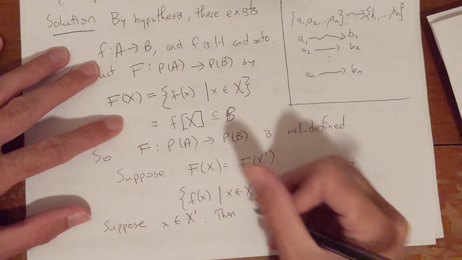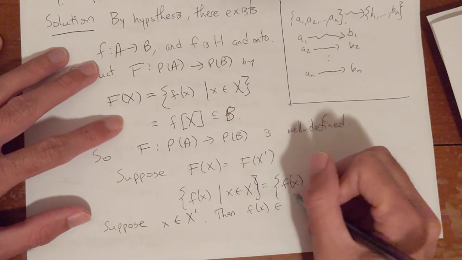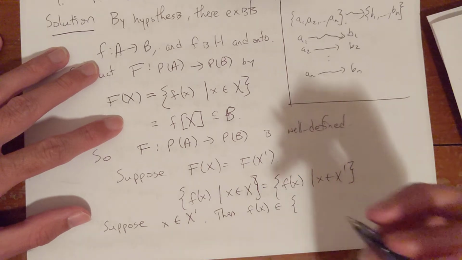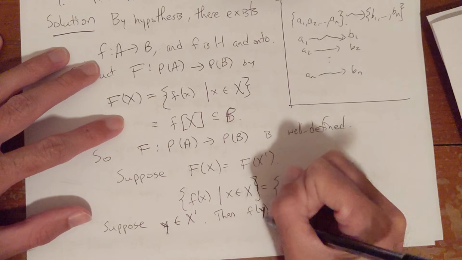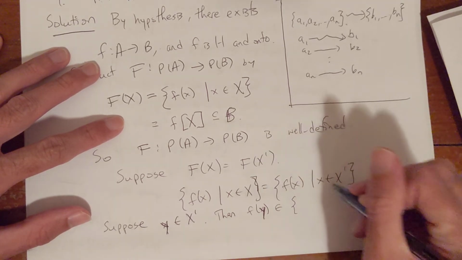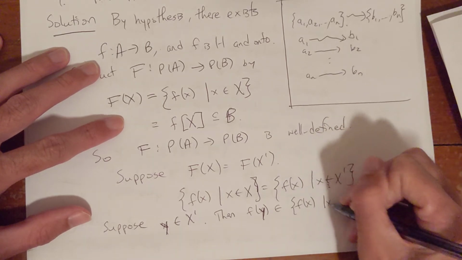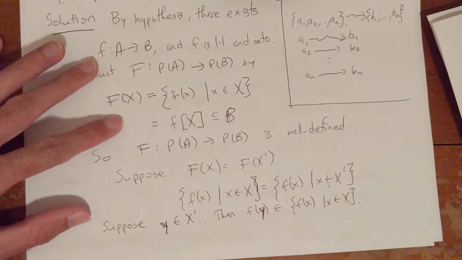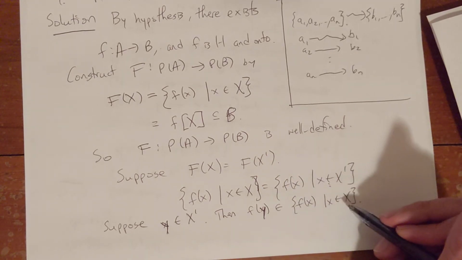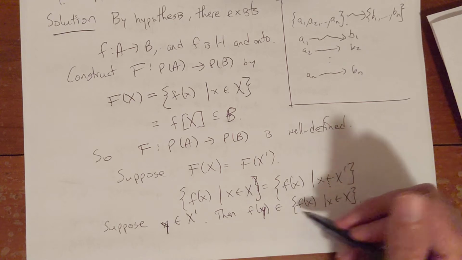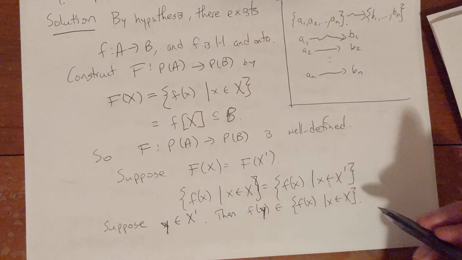Then f of y is in the set of all f of x such that x is in X prime, which is equal to the set of all f of x such that x is in X. Now f of y is going to be equal to f of some x in X, and since f is one-to-one, that x will equal y, so therefore y has to be in X as well.